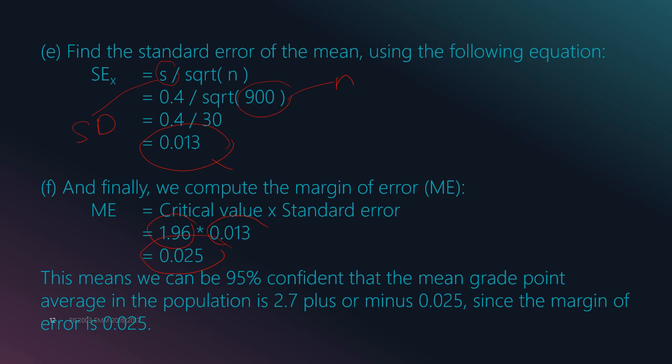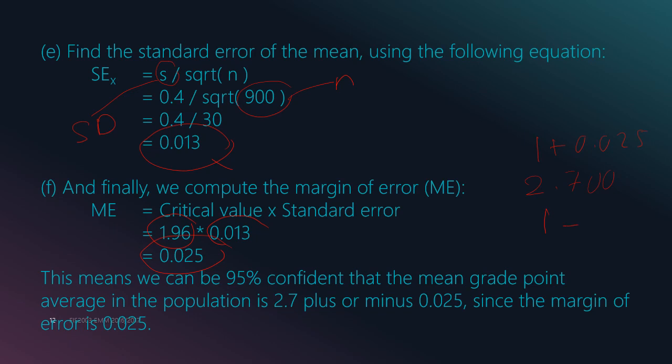Jadi ini bermaksud we can be 95% confident that the mean grade point average in the population is 2.7 plus minus 0.025. Since the margin of error is 0.025, maksudnya 2.700 yang ni, nilai yang rendah dia, nilai yang tinggi dia plus 0.025 daripada 2.70 ni.